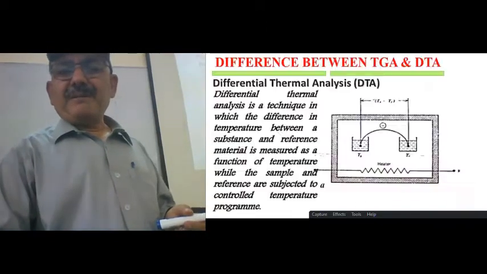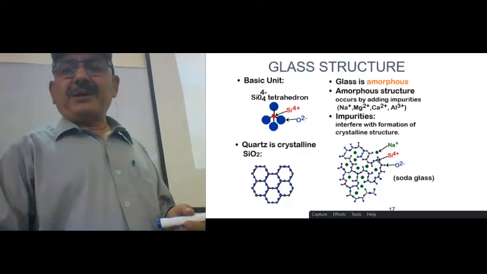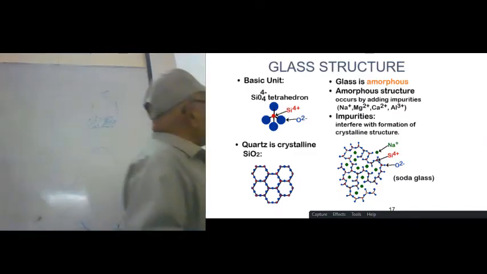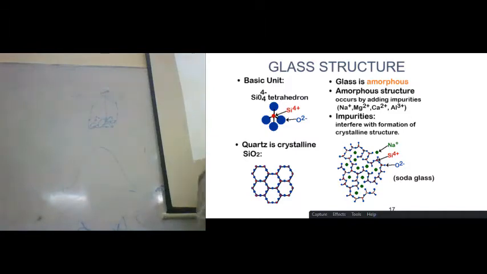Let me take you here. There is very little difference between these two. But this is amorphous and this is crystalline. What's the difference? There is translational symmetry here. There is no translational symmetry here.